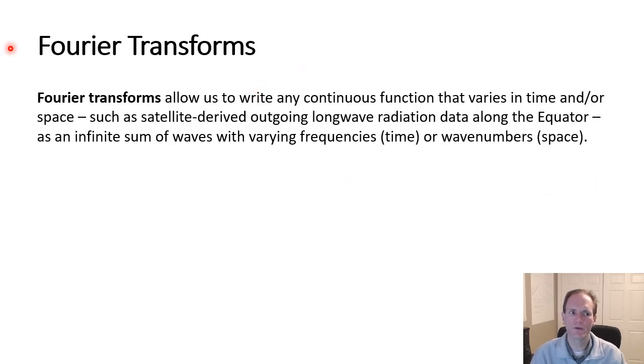So this requires that we give a very basic, very high-level overview of what are known as Fourier transforms. So we can take any continuous function, or really any data set, in this case something that extends around the entirety of the globe, around the entirety of the Earth near the equator. So let's say that we're looking at satellite-derived outgoing long-wave radiation.